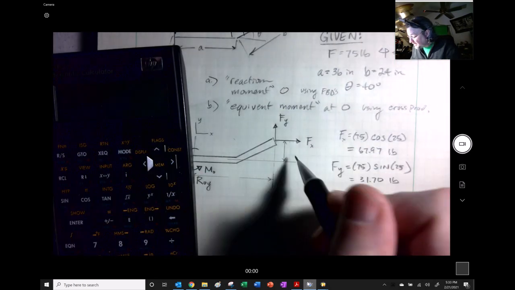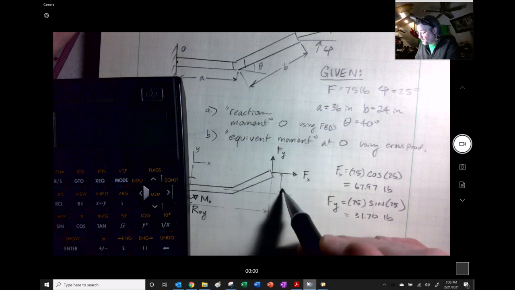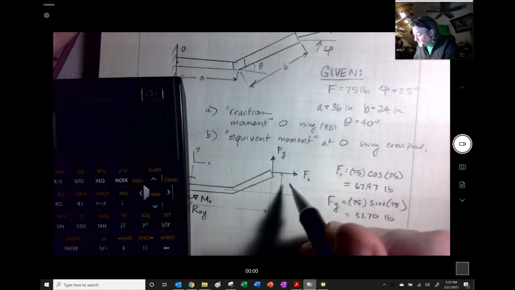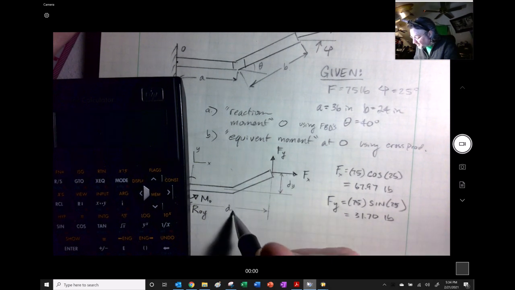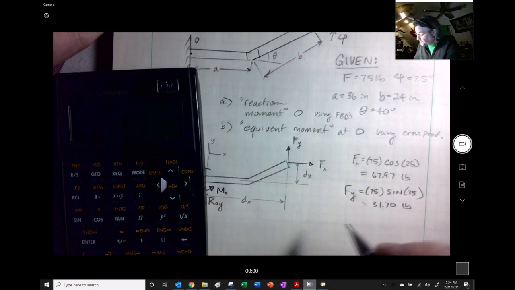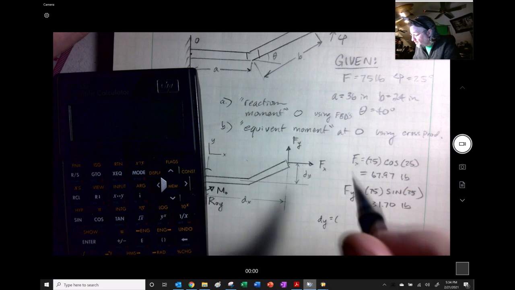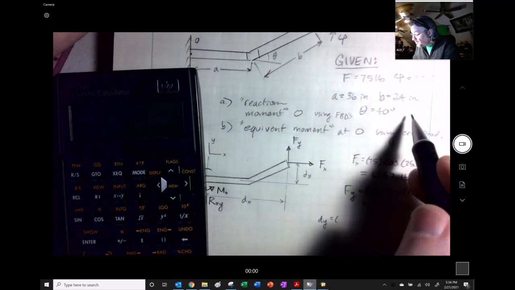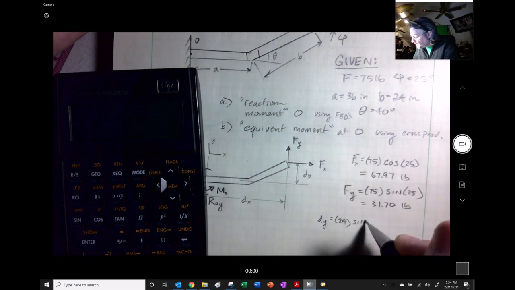Well, so let's see. I want this dimension right here, right? So I'll call this dy, and maybe I can call this dx right in there. So I'll say my dy is going to be equal to 24 times the sine of my 40.